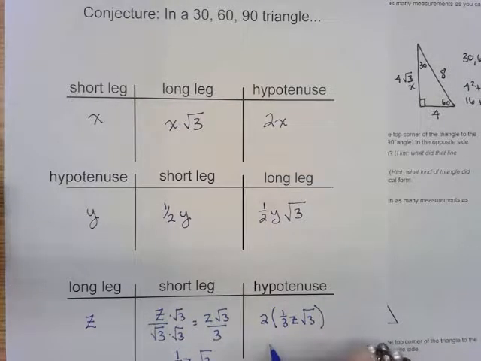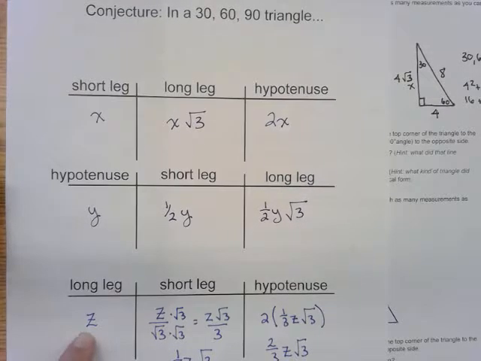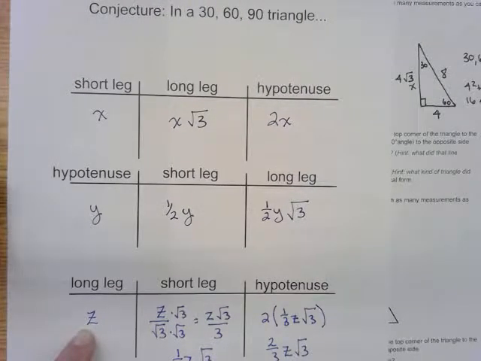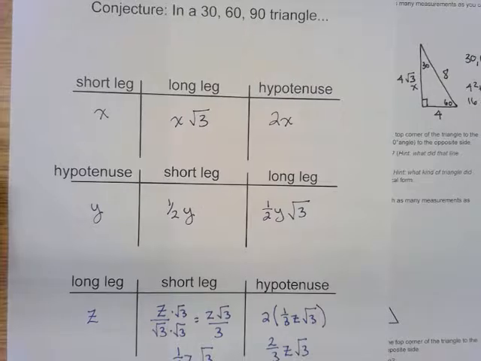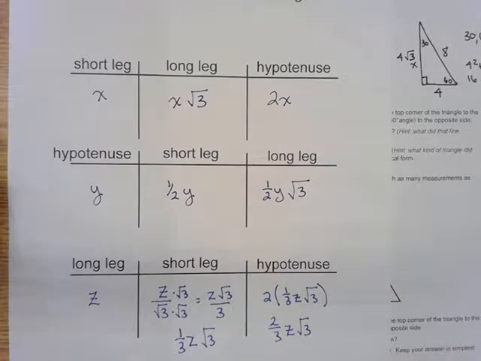It's 2/3 Z root 3. So this is the toughest one, when the long leg is given to you as a whole number. And clearly, if it's not a number that's divisible by 3, it's going to be a little tricky. But this is what happens when you have any 30-60-90 right triangle.